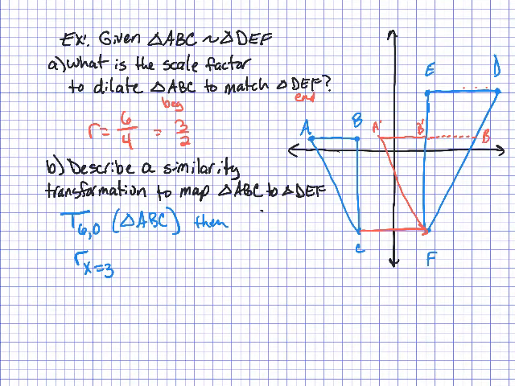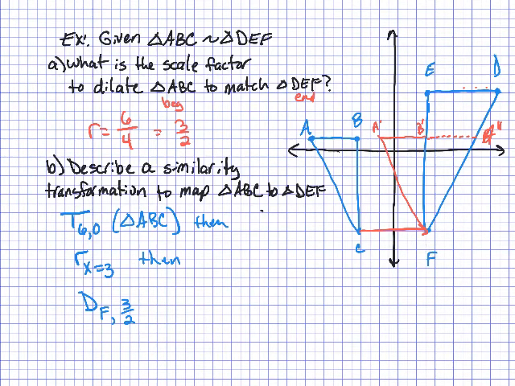This is A double prime. Now I'm going to dilate. So that's the third thing. I'm going to dilate from point F, and my scale factor is 3/2. And that's enough to map triangle ABC over to triangle DEF.